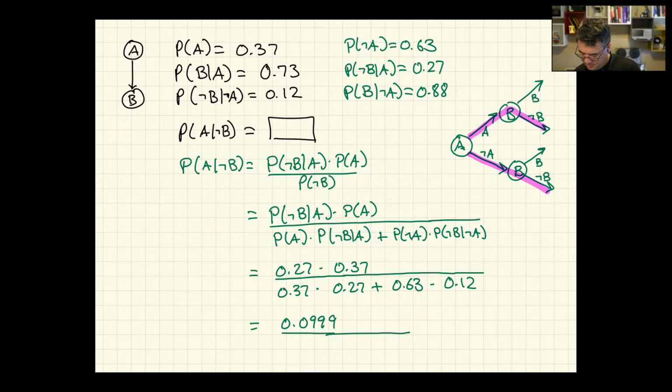And then down at the bottom we have 0.0999 plus 0.63 and 0.12 is 0.0756. And then we'll add the bottom numbers together. And we get 0.1755. And then finally we'll divide. And we get 0.569.